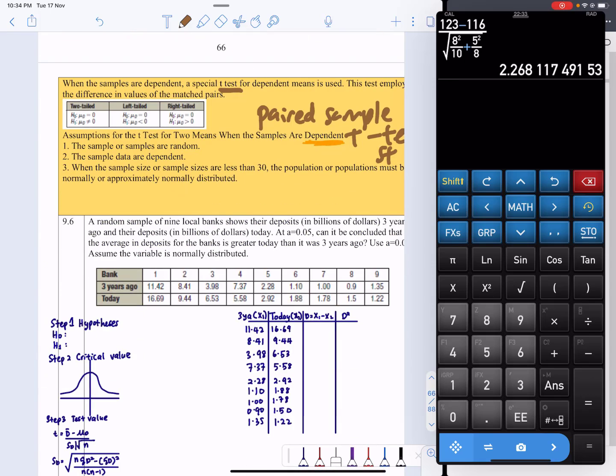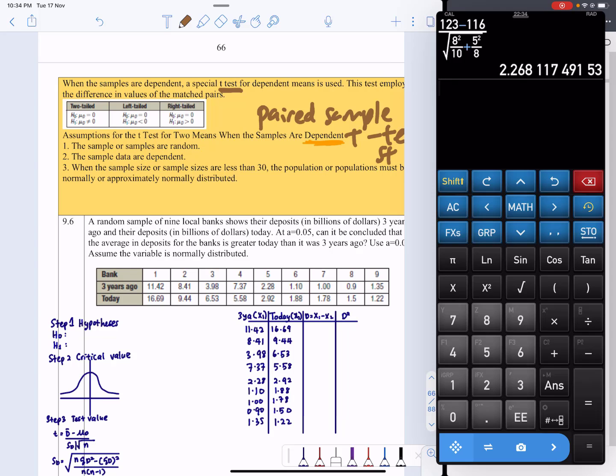Here we have paired sample T test. Why do we call it paired sample T test? Because what happened in the past may be influencing the future, or is currently being influenced by the past. That means it has the time frame.